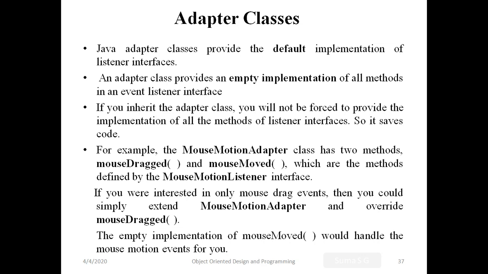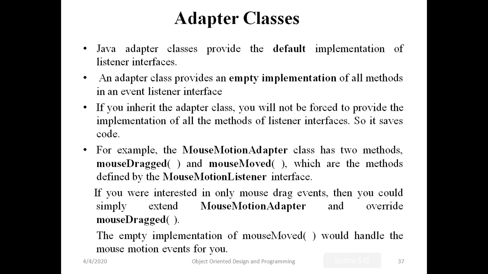For example, the MouseMotionListener has two methods: mouseDragged and mouseMoved, right? If you use this listener, you are forced to give the implementation for these two methods. But if you use MouseMotionAdapter by inheriting it in your class, you are not forced. You can define any one method, whichever is suitable, and leave the other method.